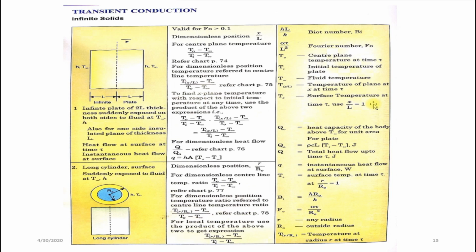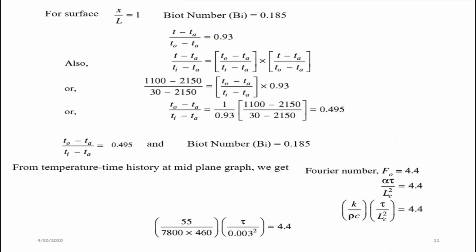That is why with the x by L value for a surface we can find out T minus Ta and T0 minus Ta value from the second graph, because for a surface x by L value equal to 1 and Biot number is equal to 0.185.